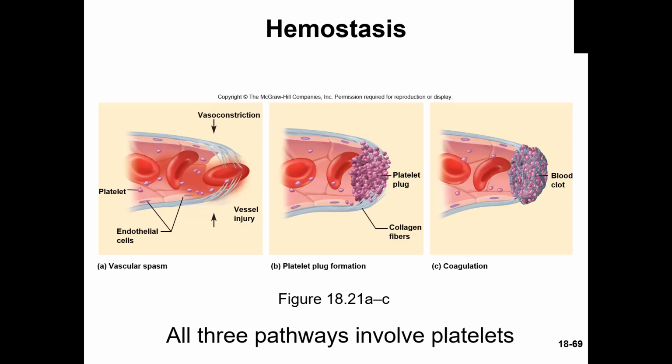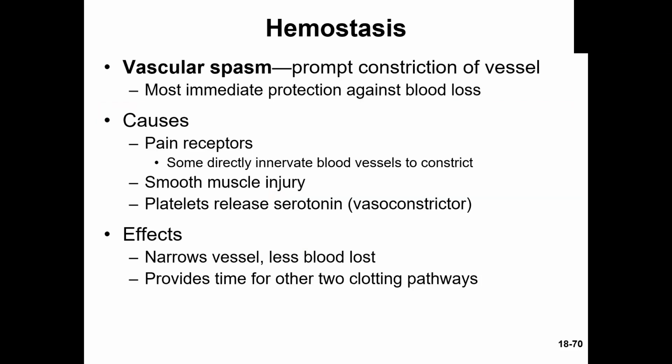And then the platelets will be delivered via blood flow to the injury site and form the platelet plug. You can see on here as well that surrounding the vessel, that's a layer of collagen. Those collagen fibers are highly relevant as well. Around that platelet plug, we will have the actual coagulation or clot form via those collagen fibers wrapping all around those platelets that got stuck at the end of the tube.